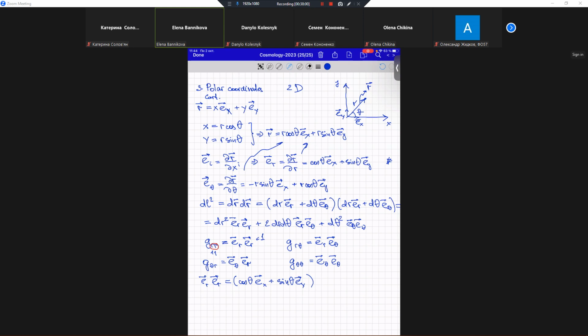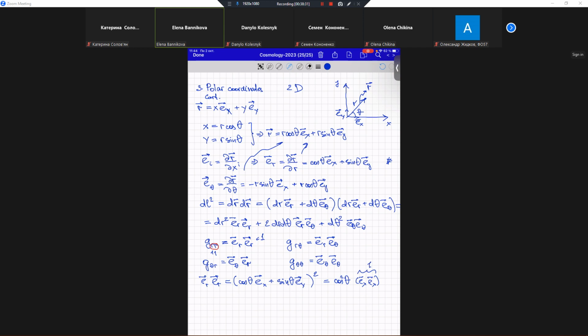In principle, I need to multiply on the same, but I can put it square. And what is important: we will have cosinus theta square multiplied on ex ex, and this scalar product will be 1.